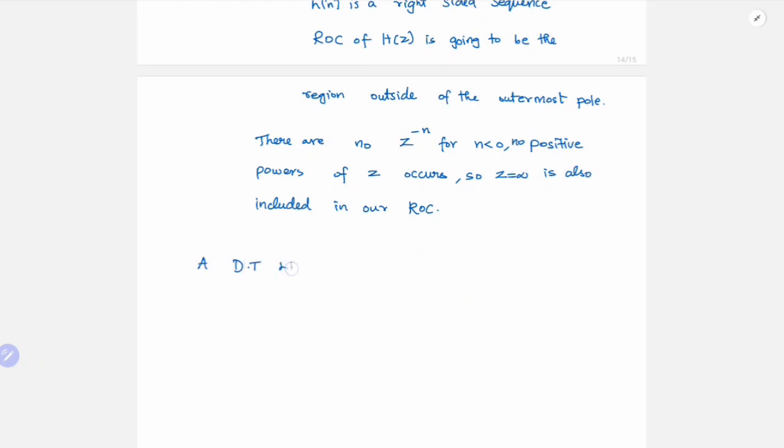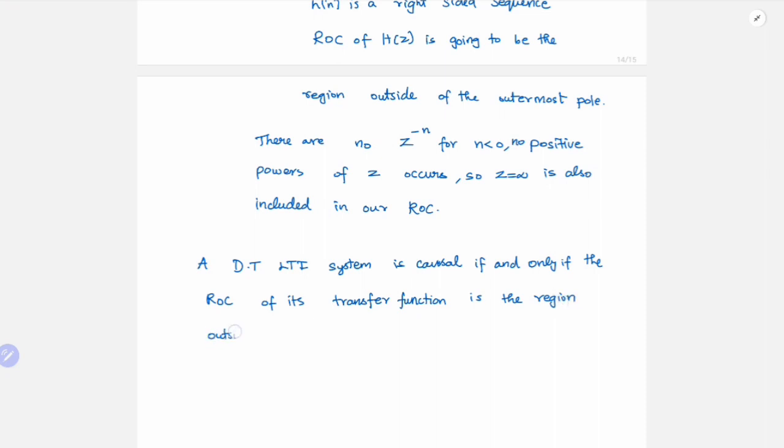A discrete time LTI system is said to be causal if and only if the ROC of its transfer function is the region outside of its outermost pole, including z equal to infinity.